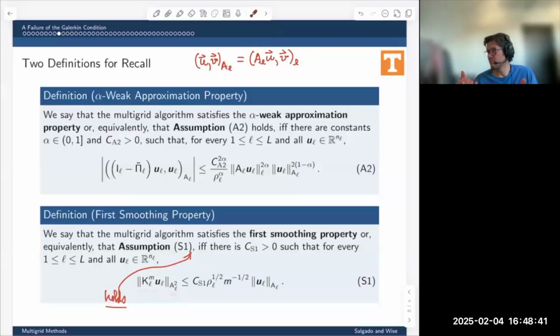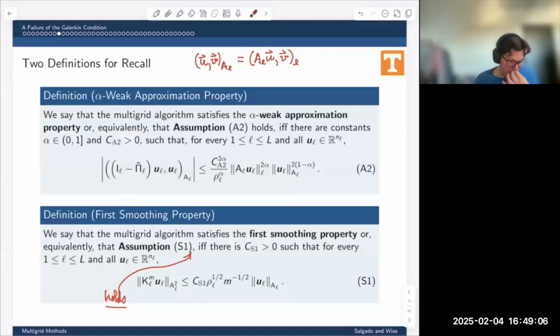It's a certain type of iterative algorithm based on Richardson's method, where we choose the weighting parameter using the spectral radius in a very judicious way. That method, Richardson's smoother, satisfies the first smoothing property if I do just that. And notice that the smoother doesn't care about the coarse grid. It doesn't even see the coarse grid.